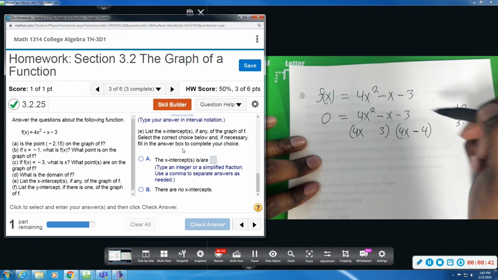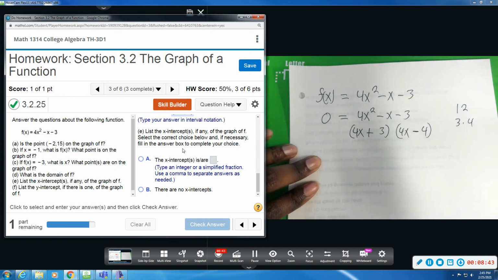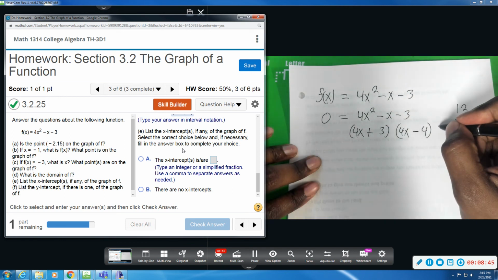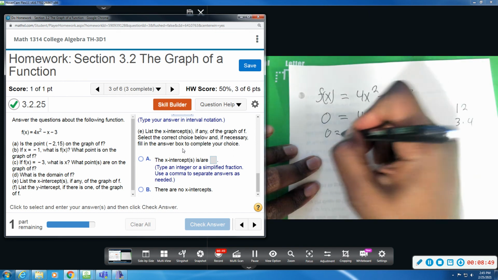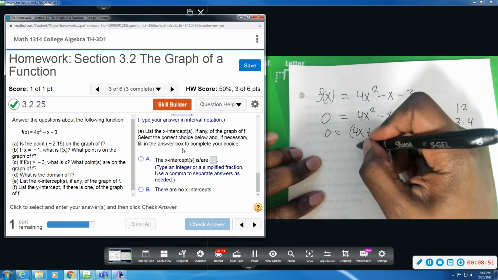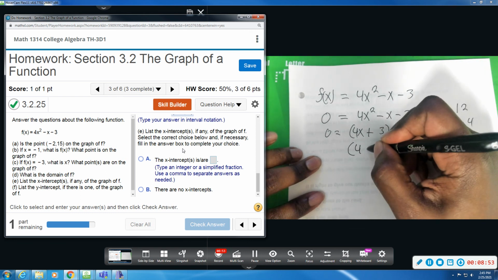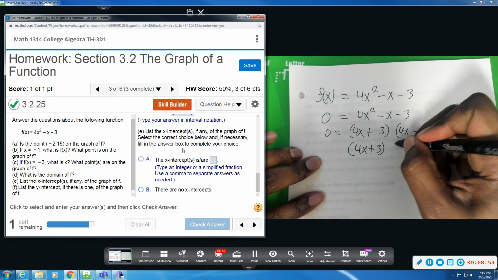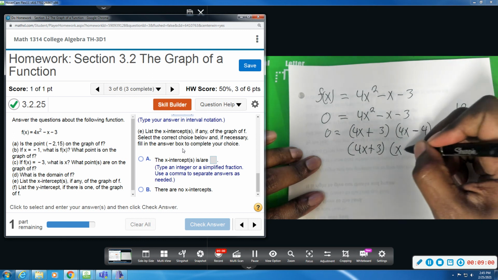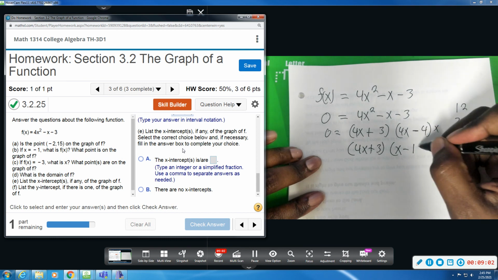Second sign tells me they're different, so this has to be a plus. This is not right, having a 4 in the front of both, so we have to reduce and simplify that. So 4 and 3 we cannot simplify, so we will leave it as 4x plus 3. 4 and 4 we can, so that will be x minus 1 when you divide both of them by 4.